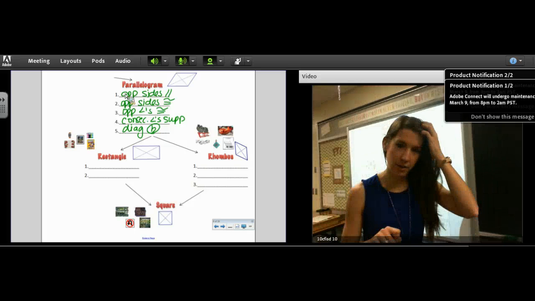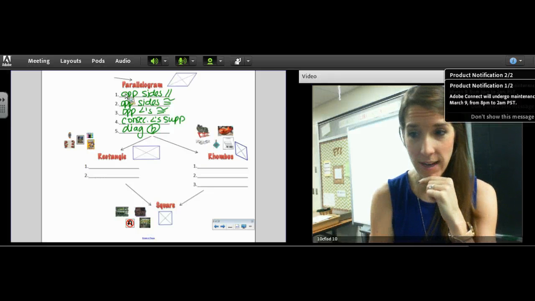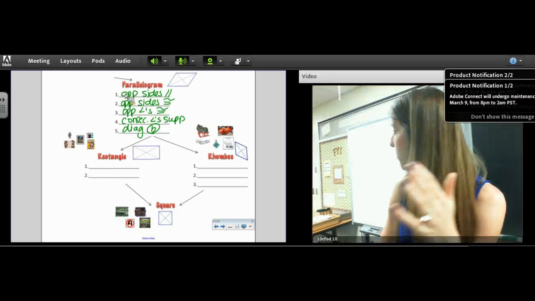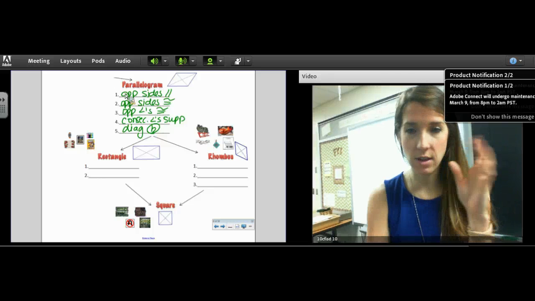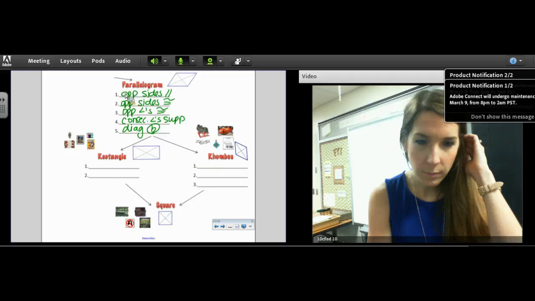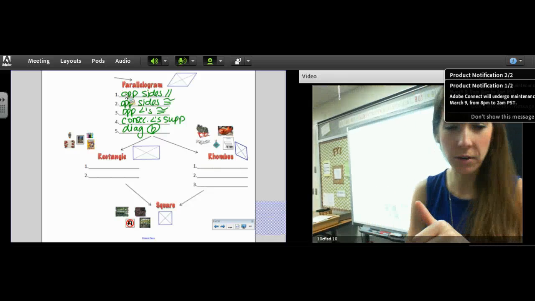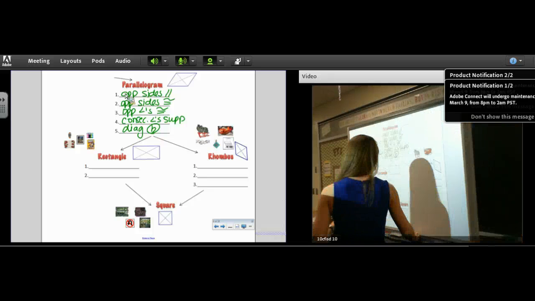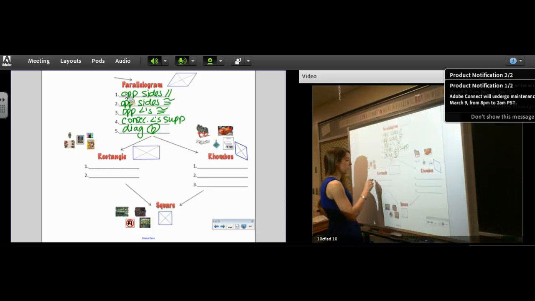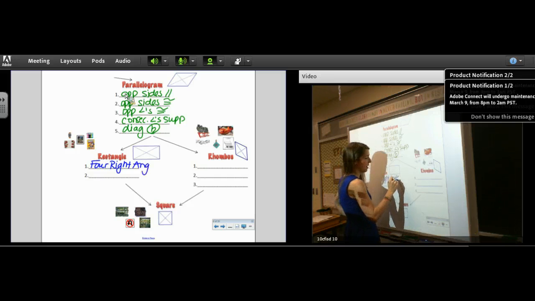Okay, so that's parallelogram. Who discovered something extra about a rectangle? What's a bonus property of a rectangle? That's not one of those 5, that's extra. Diagonals congruent and all angles 90. Very good. So I'm going to put 4 right angles. So put that with me.